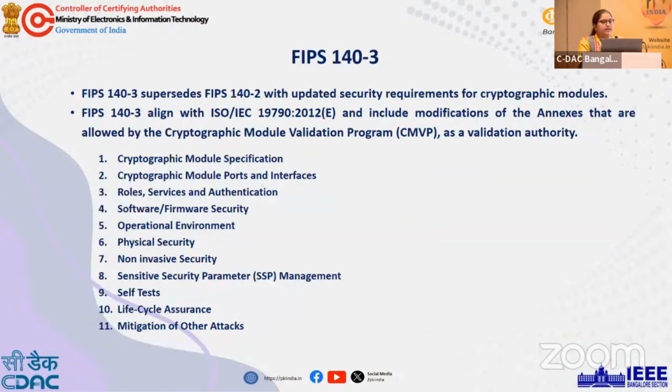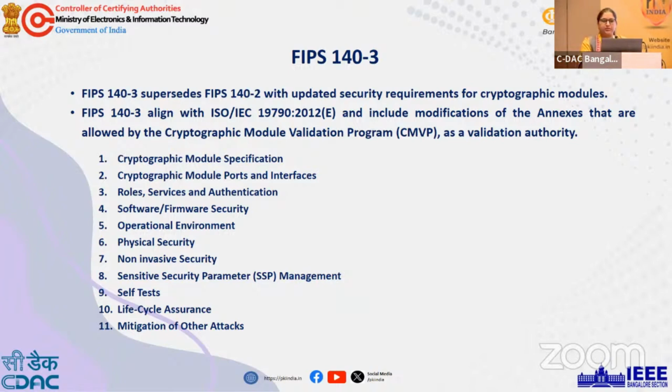Under FIPS 143, which supersedes 142 and aligns with 19790, there are 11 cryptographic security areas. When we validate a module, we have to validate it with respect to these 11 security areas.